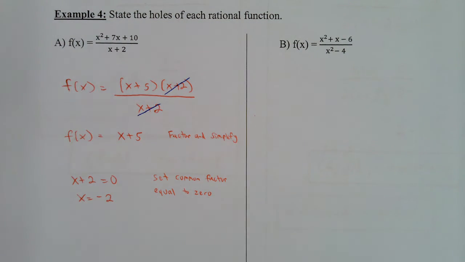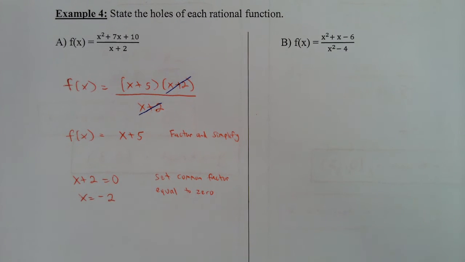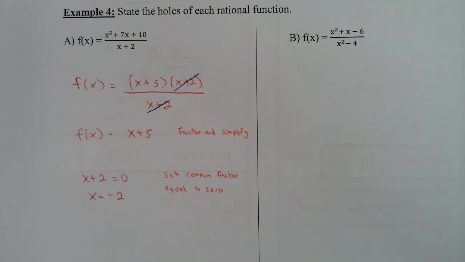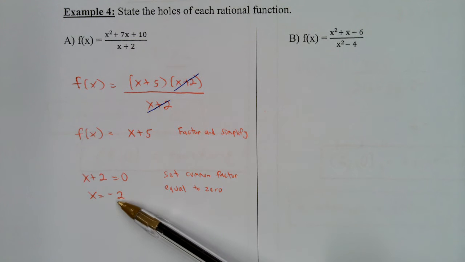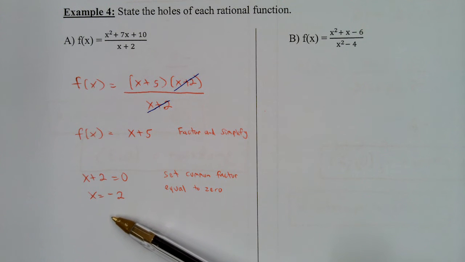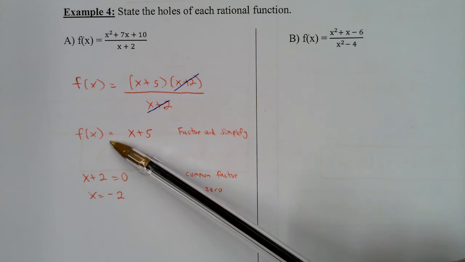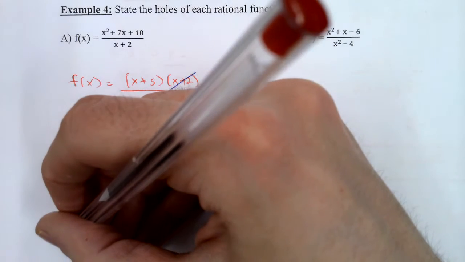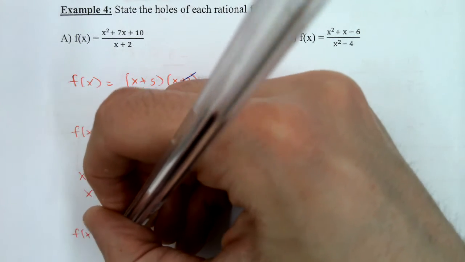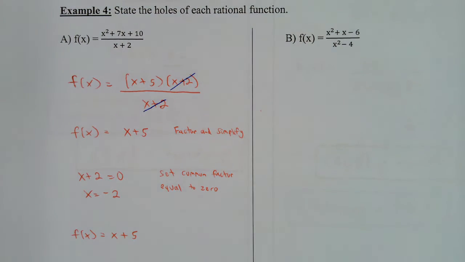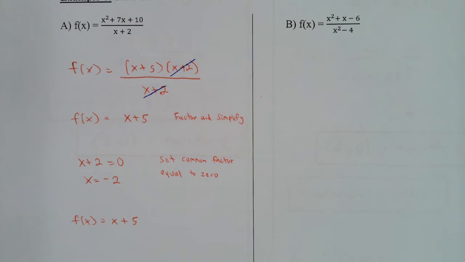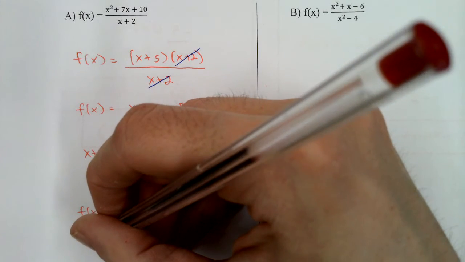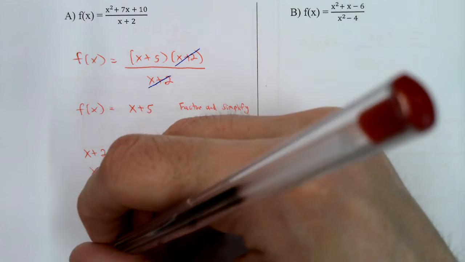Okay, so that's the x value of the hole. Now we have to find the y value of the hole. You get that by taking this and substituting it into the new function. By new function, I mean this right here, after we simplified. So let's say f of x equals x plus 5. Substitute the x value into that function. So negative 2 plus 5 equals 3.